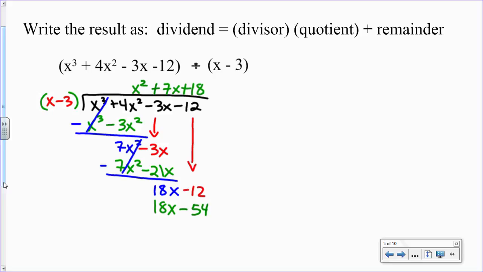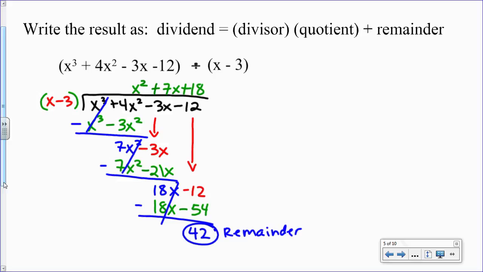Okay, subtract down. Negative 12 minus negative 54, 42. Don't have any more terms to bring down. I can't go down in degrees, so I can't multiply x by something and get 42. 42 doesn't have x. So this is where I'm done. This is my remainder.